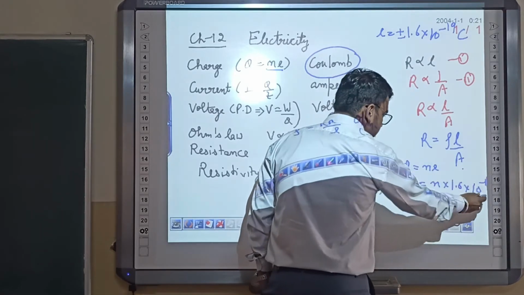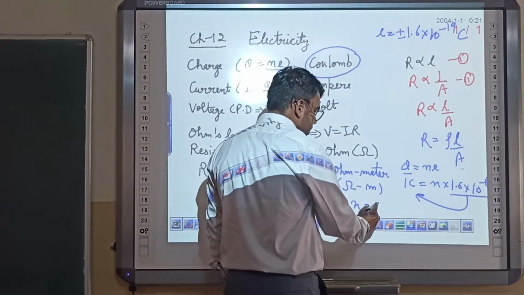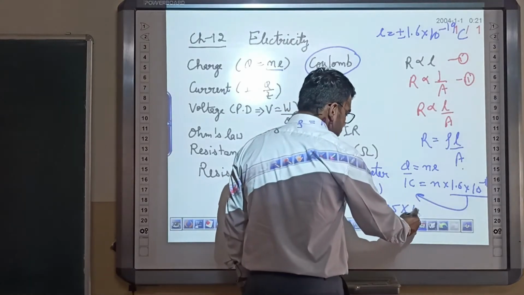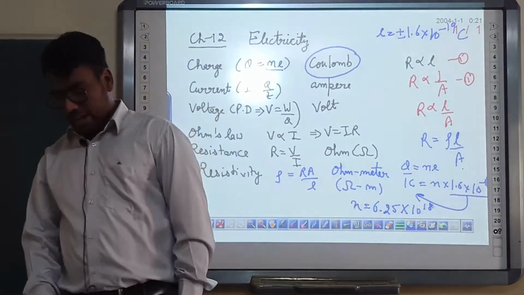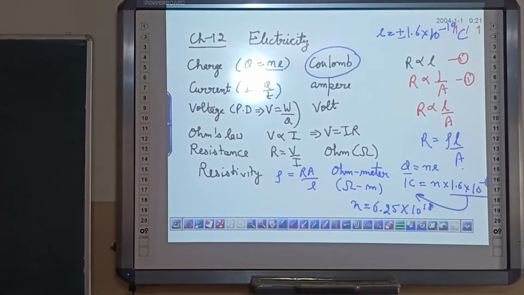This term comes to the other side and we get N as 6.25 into 10 raised to power 18. That is the exact number of electrons or protons which make 1 coulomb of charge. So 1 coulomb is a group of 6.25 into 10 raised to power 18 protons or electrons.